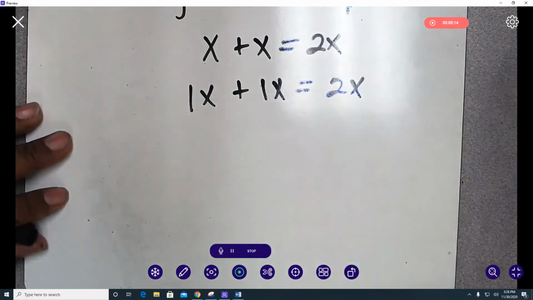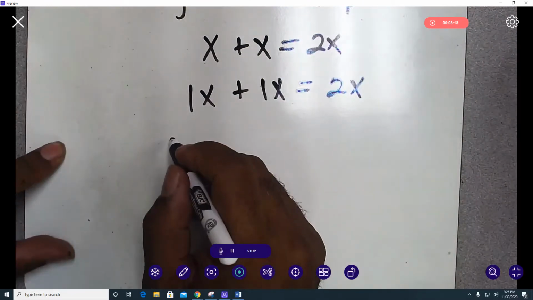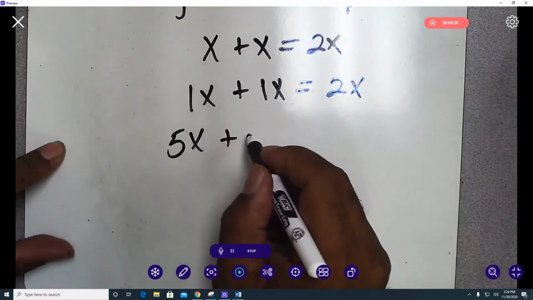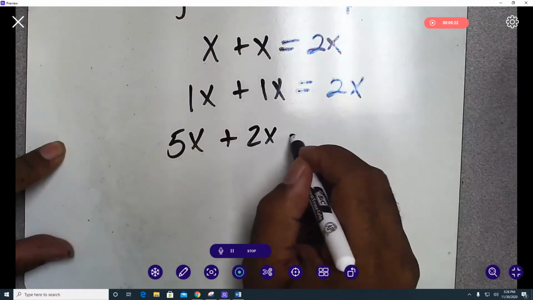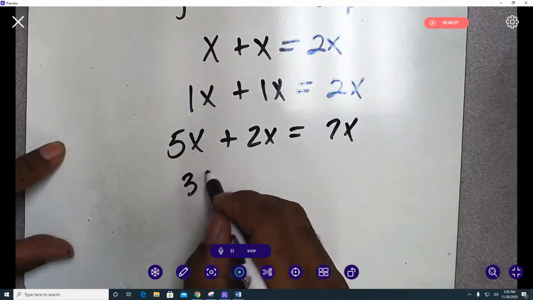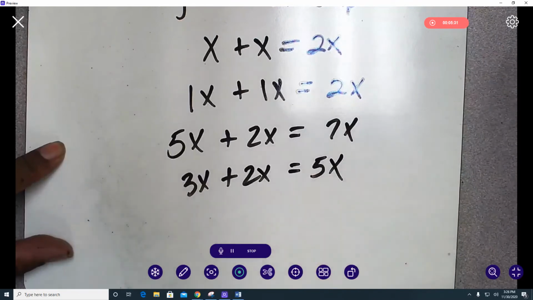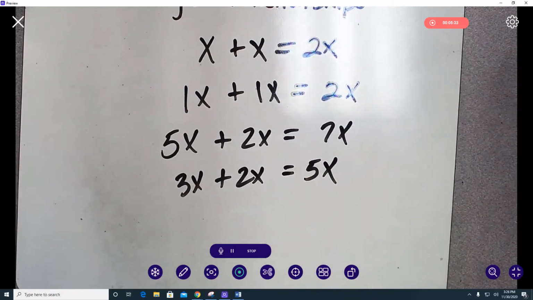So anytime you see x, there's automatically a 1 in front of it. So if I had 5x plus 2x, that equals 7x. 3x plus 2x equals 5x. All right? We got that.